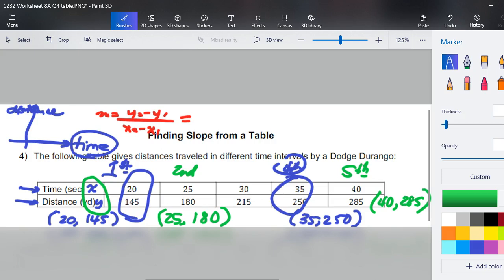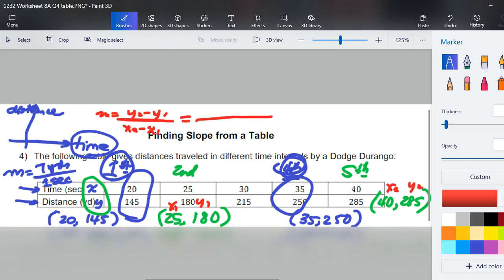I've erased the work from the last slope, but as a reminder, the slope we got on part B was 7 yards for every 1 second, and that was using the first and the fourth columns. So now we're going to look at the second and fifth columns, and I'll label x1, y1, x2, y2.